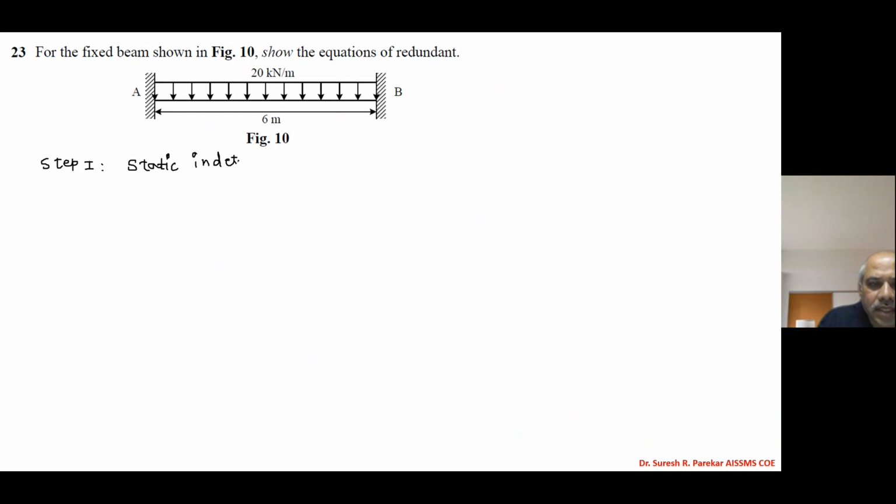Then we have DSE equal to R minus equilibrium equations, and we have R is 4 minus 2, that is equal to 2, neglecting axial deformation, neglecting axial forces.